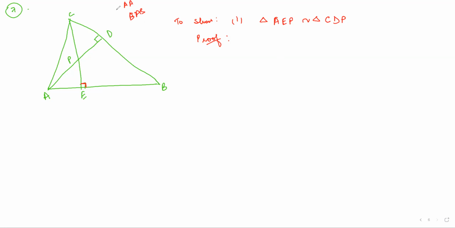It's very easy. So in these two triangles, look, AEP is which one? The small one, AEP. See the figure? Yes, ma'am. And CDP. Okay. So which angle is equal to which angle here? Tell me.